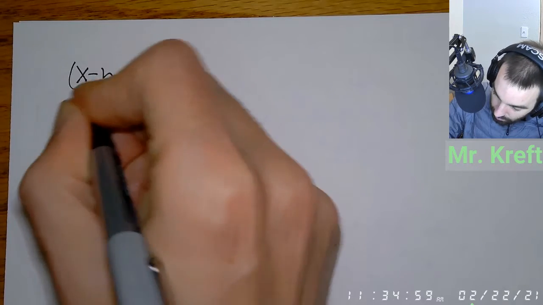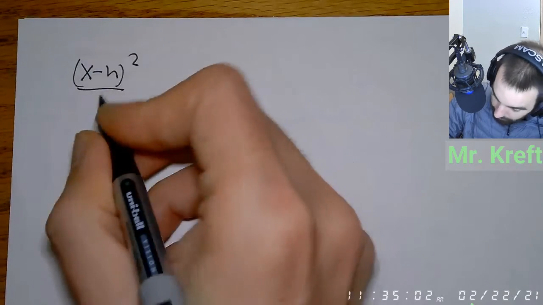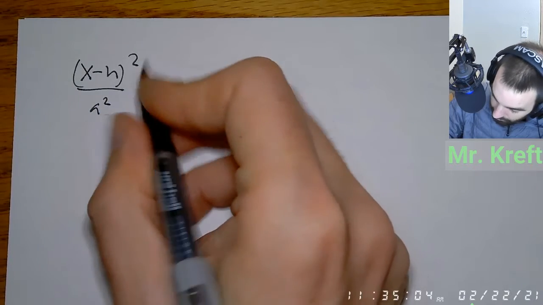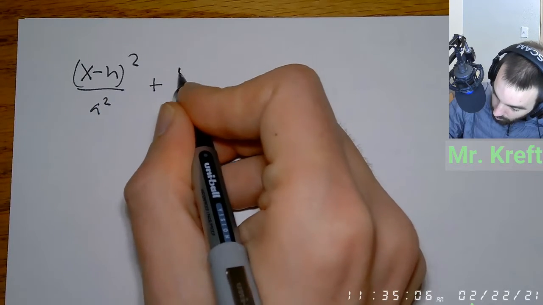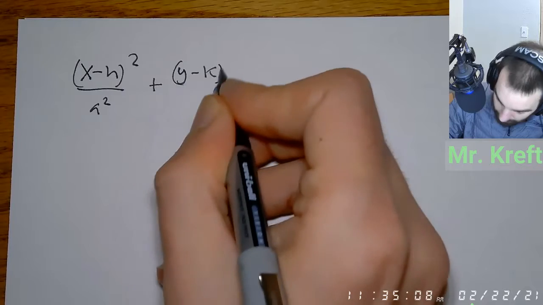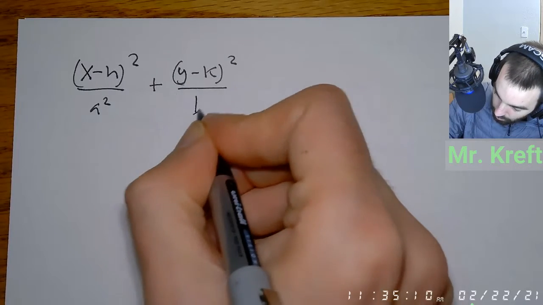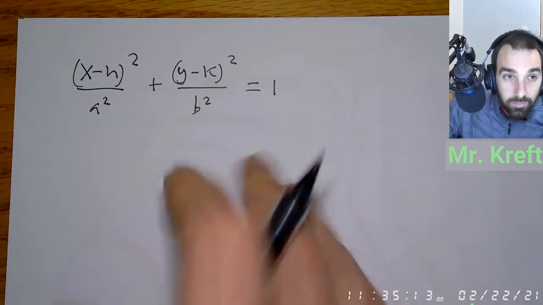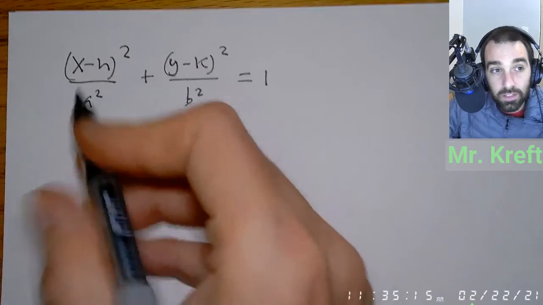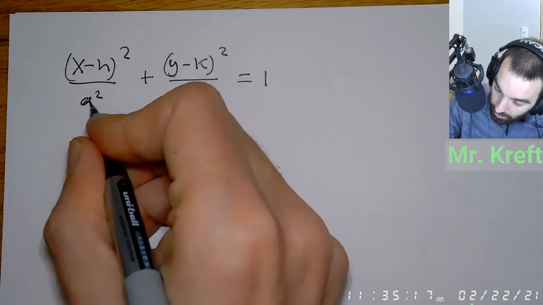We're going to have (x minus h) squared over a squared plus (y minus k) squared over b squared equals 1. Now, this should make sense. Remember, a is major.